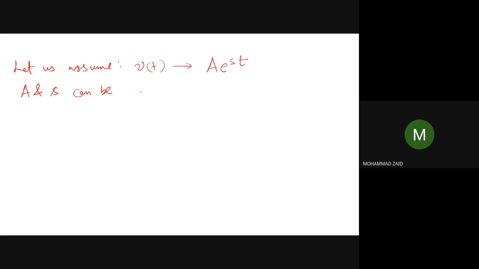A and s can be complex also, because s is basically deciding the time constant. So what it will be, we don't know, but that is the assumption. Let us call this equation 3.